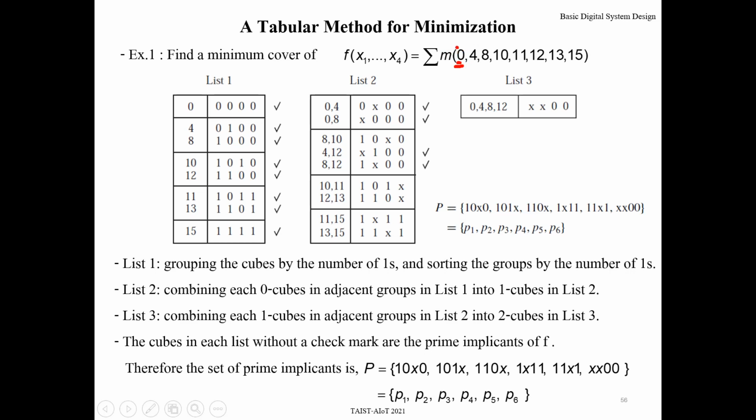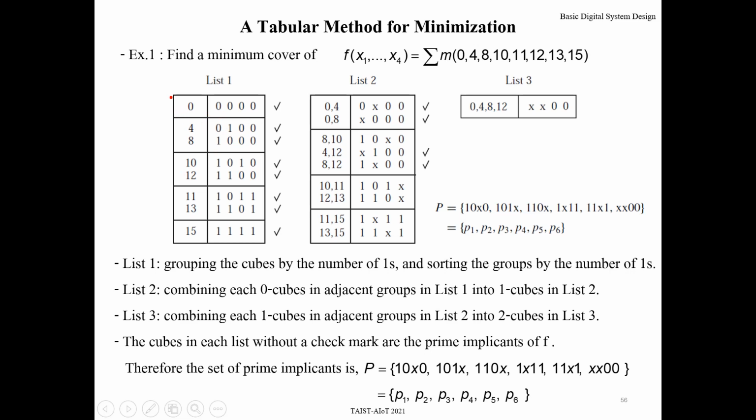For example, this 0, if you write it in binary form, it becomes 0, 0, 0, 0, right? And 4 is 0, 1, 0, 0. 8 is 1, 0, 0, 0, and so on. The list of ones, you separate into groups, by grouping by the number of 1s.